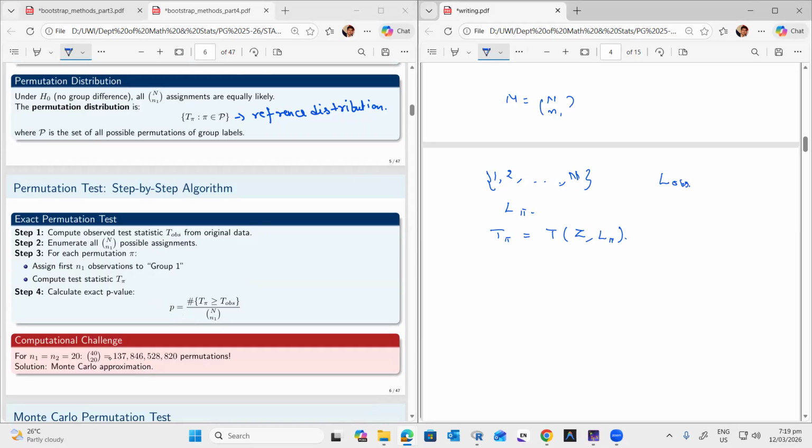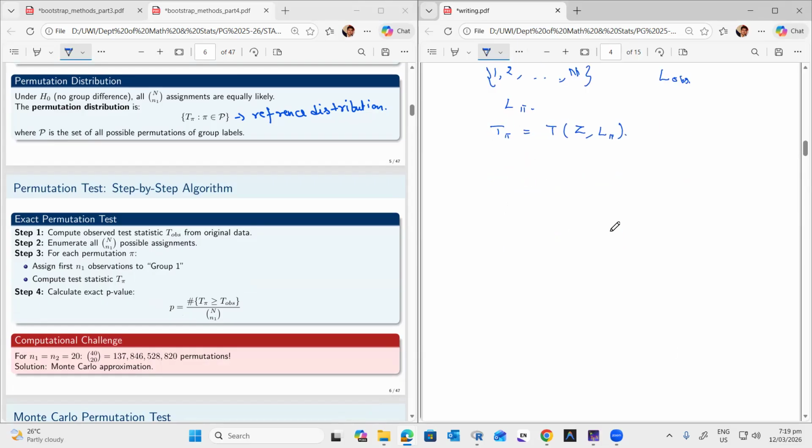So now we will go for the bootstrap permutation test algorithm. In the first step, we compute the observed test statistic from the original data.